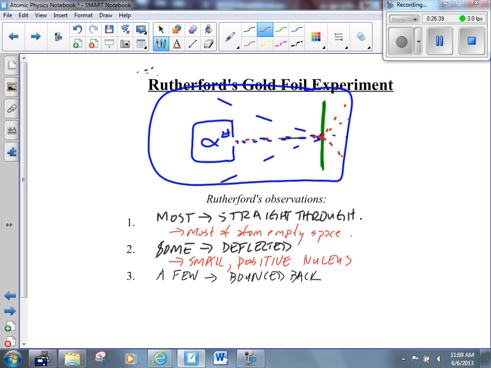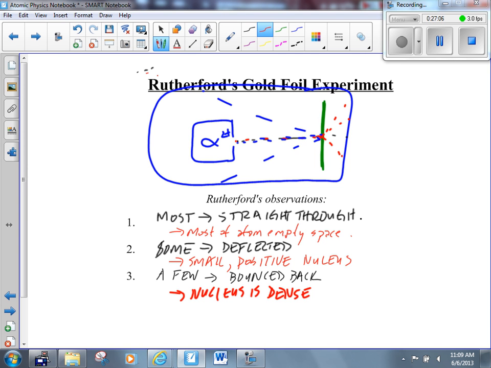But that something that was small and positive must be heavy or dense. If it wasn't, let's think about what would happen. Here's my small, positive, light nucleus. Watch what happens when something hits a small, positive, light nucleus. It keeps going.